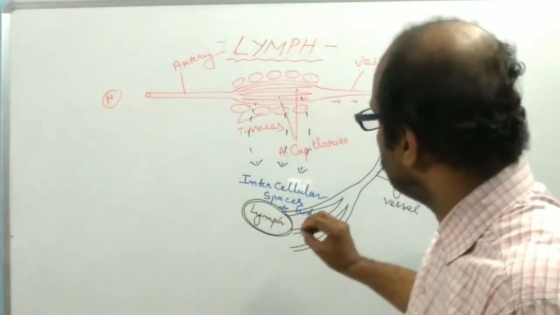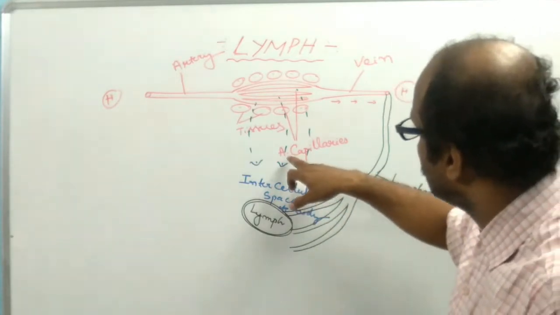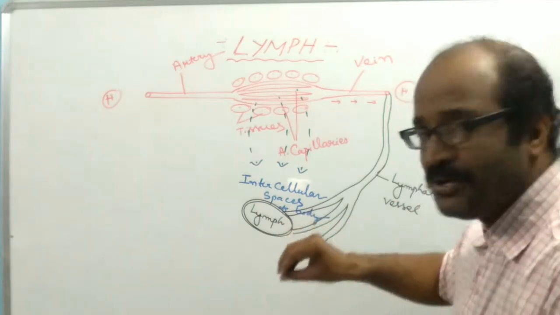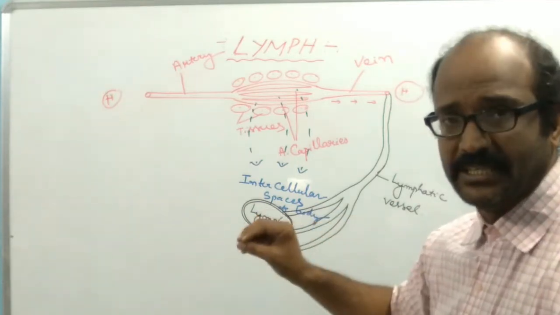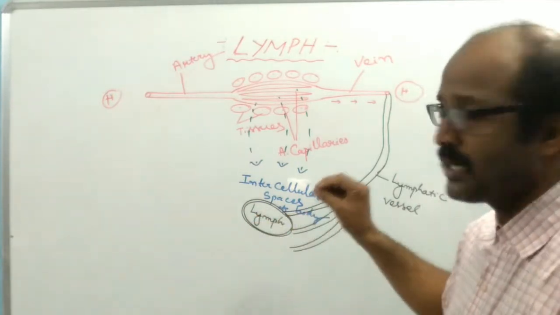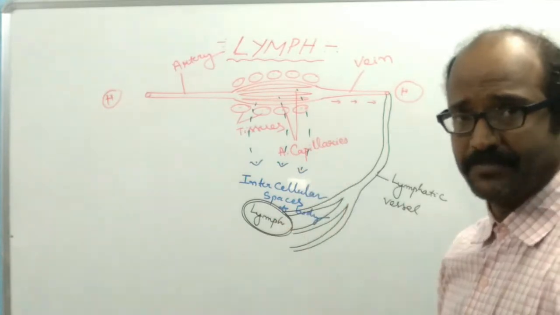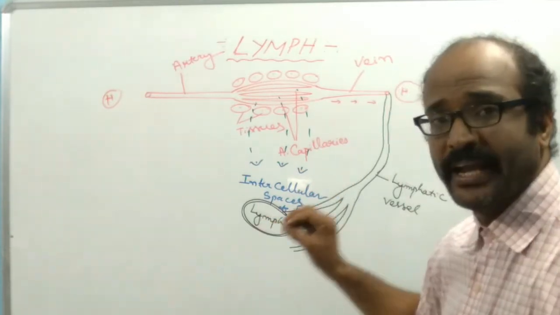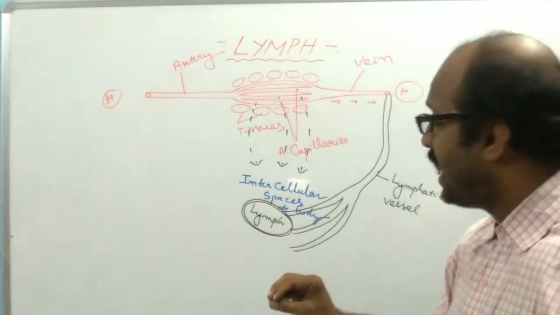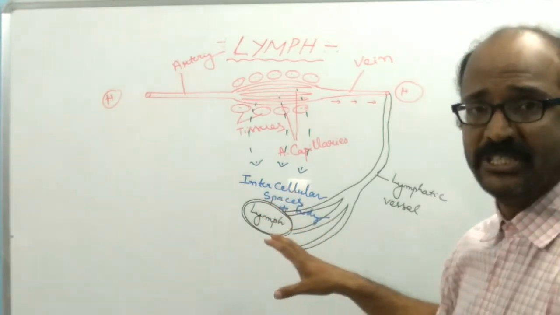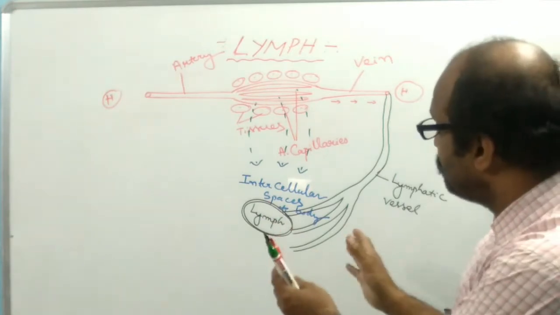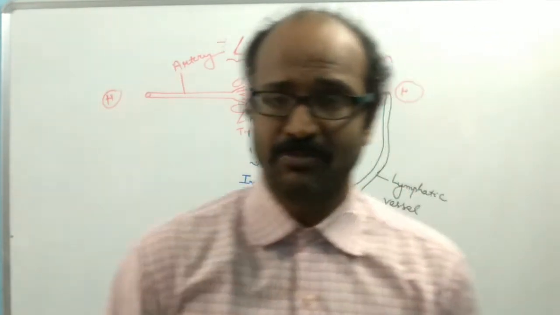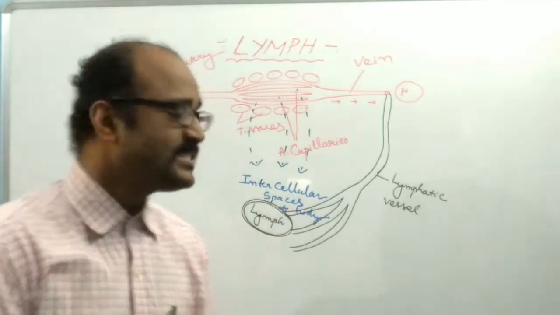This lymph comes out from the arterial capillaries, so it is devoid of RBC, but it contains more WBC. There is no RBC, that's why lymph is colorless and has more WBC. Such lymph also has a great role in our immune system, our body defense system.